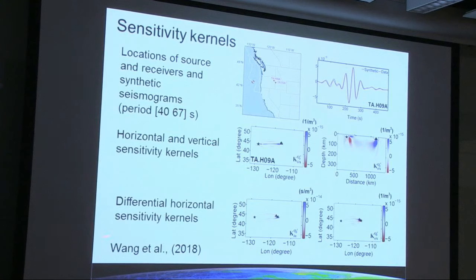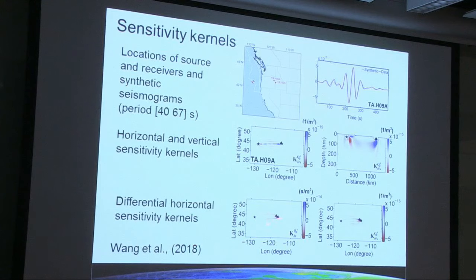And we also show the differential horizontal sensitivity kernels at two stations. Differential sensitivity kernels will reduce the effect of uncertainties in the source terms and mainly provide information about the structures near the two receivers close to each other.